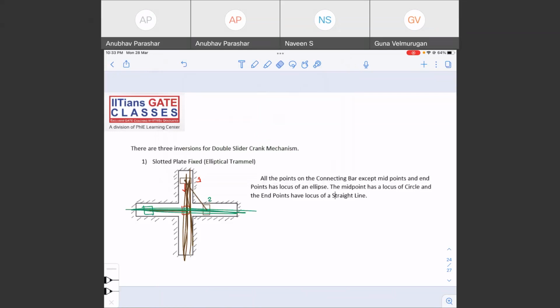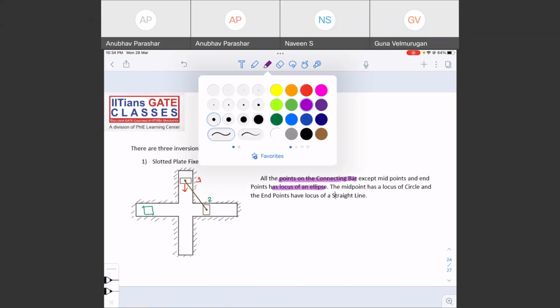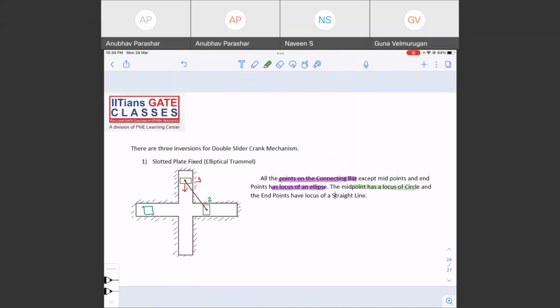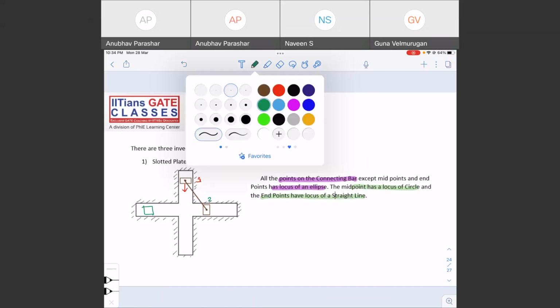So when this is happening, the locus of all the points on the connecting rod is an ellipse, except the midpoint and the end points. The midpoint has a locus of a circle and the endpoints have a locus of a straight line. So which one is the connecting rod we are talking about?